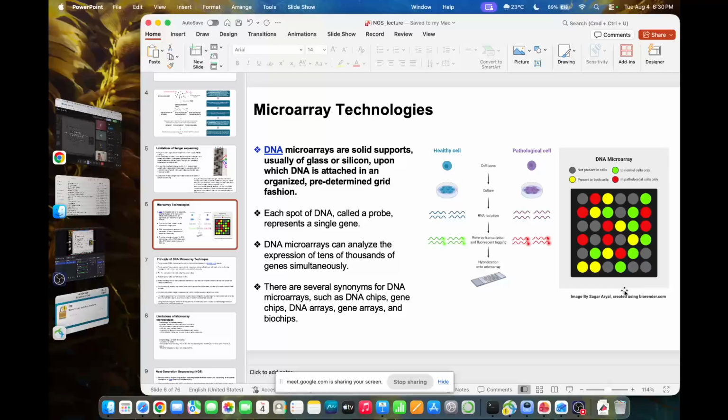When we quantify gene expression, when we say that gene expression is higher or lower, generally we mean the concentration of the mRNA produced by that same gene, right?